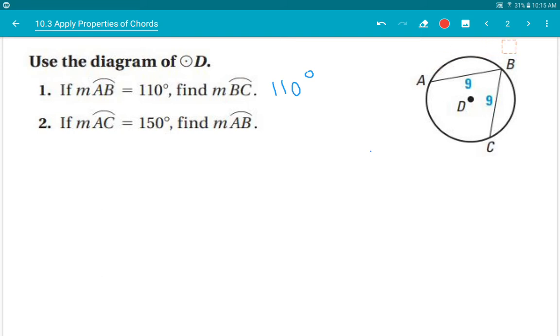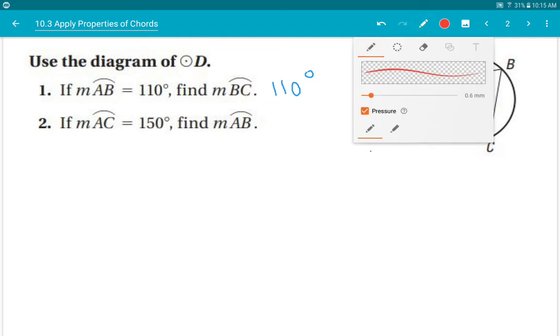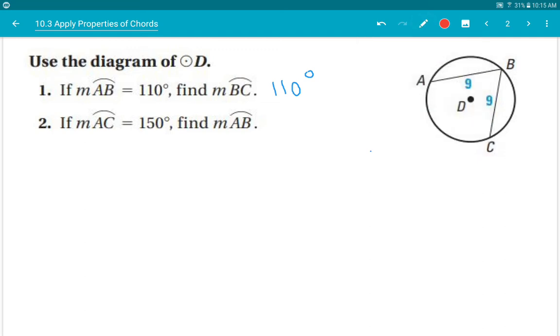It's either going to be the major arc or the minor arc. Which of the two do you think it's going to be? It is going to be the minor arc because it is less than 180 degrees, which is the semicircle. So 150 is here, and we are looking for the measurement of arc AB, this arc here.